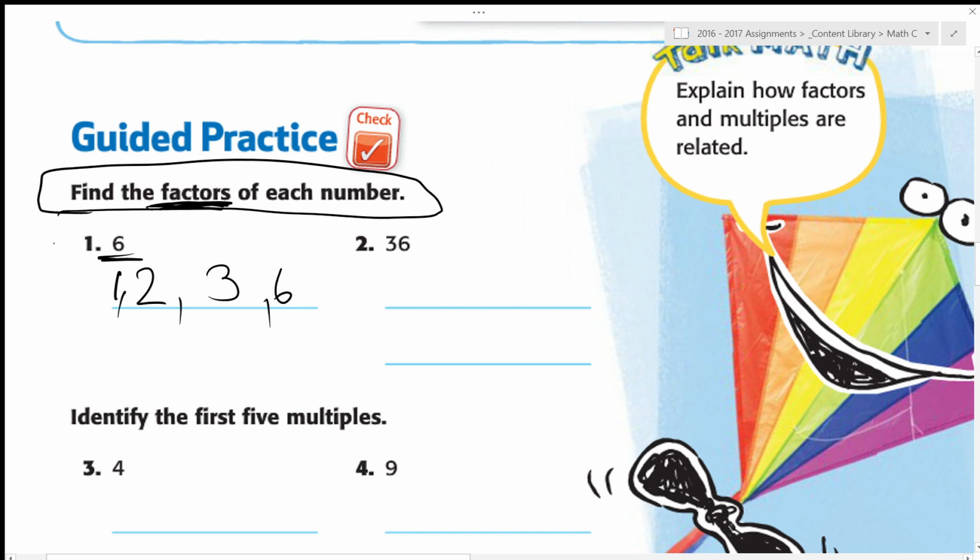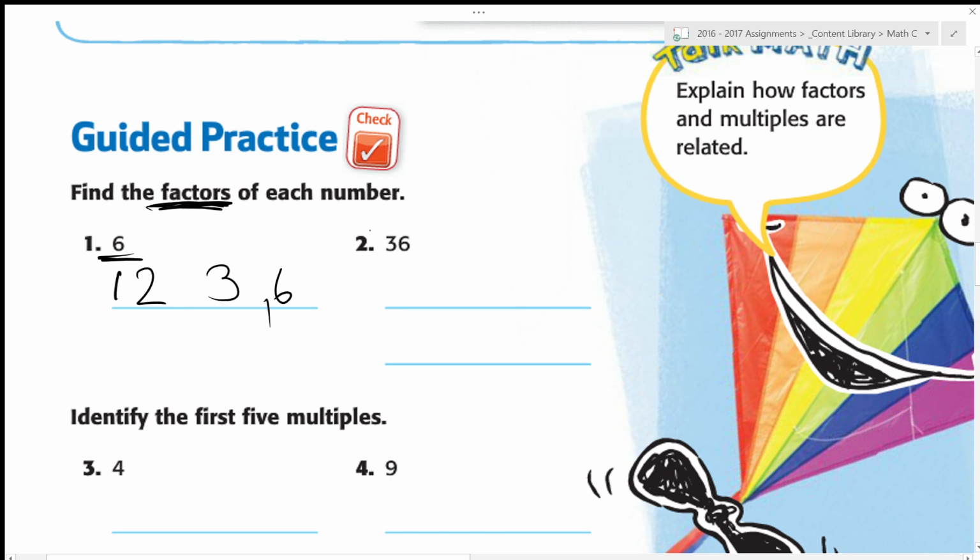Now, I could also try, so I've tried 1, 2, 3, and 6. I could try doing 6 divided by 4. But if I do that, I know I'm not going to get a whole number. Same thing with 6 divided by 5. I'm also not going to get a whole number. That's going to be between 1 and 2. So that is not a factor of 6.